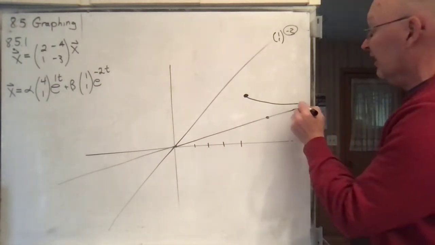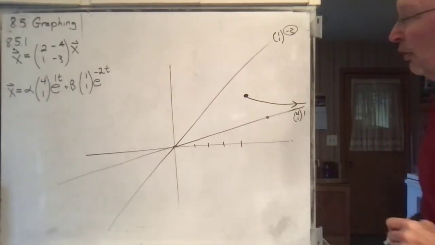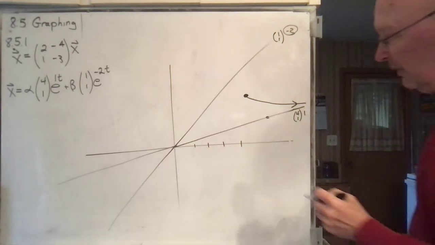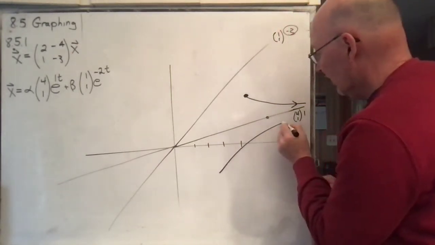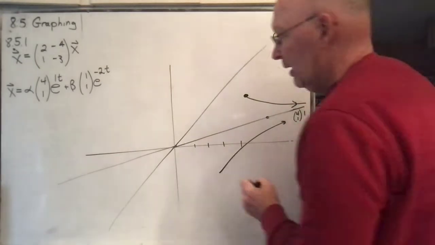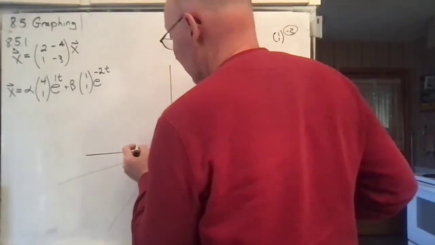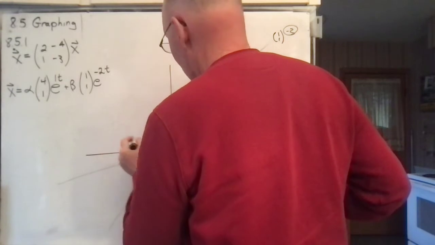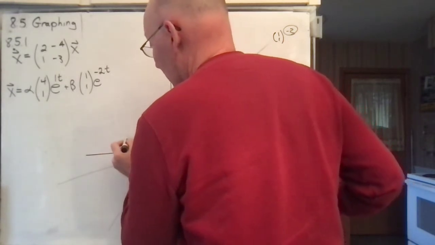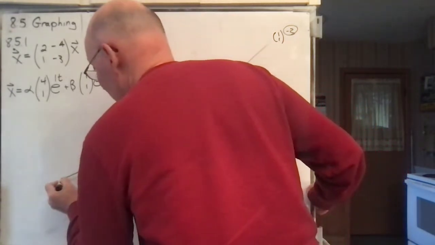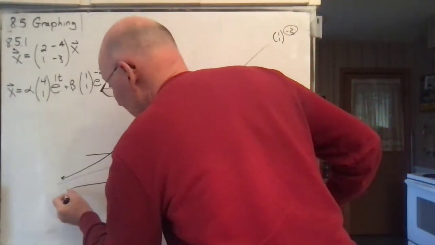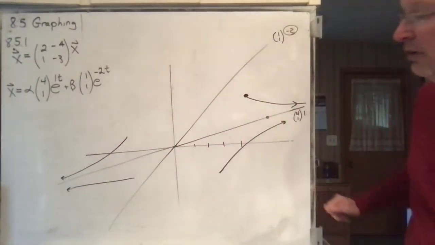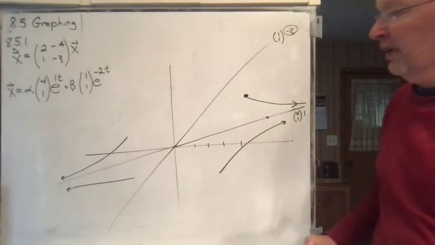So it's going to look like that as t goes there. Down here, same thing. It's going to go like that. Right here, it's going to go like this, and it's going to go like that again. That's going to be your vector.